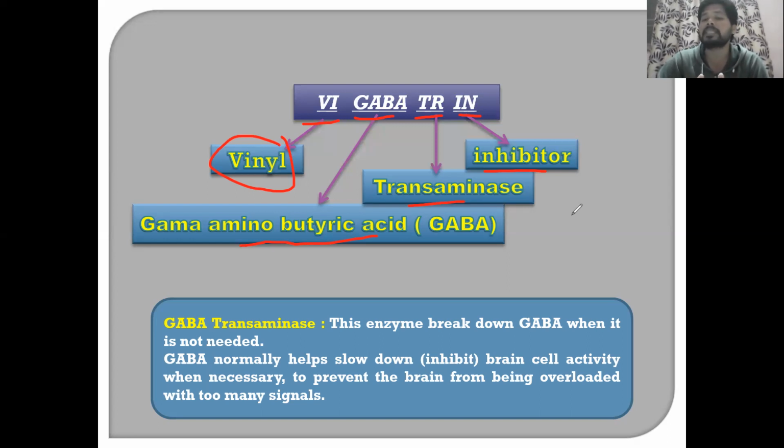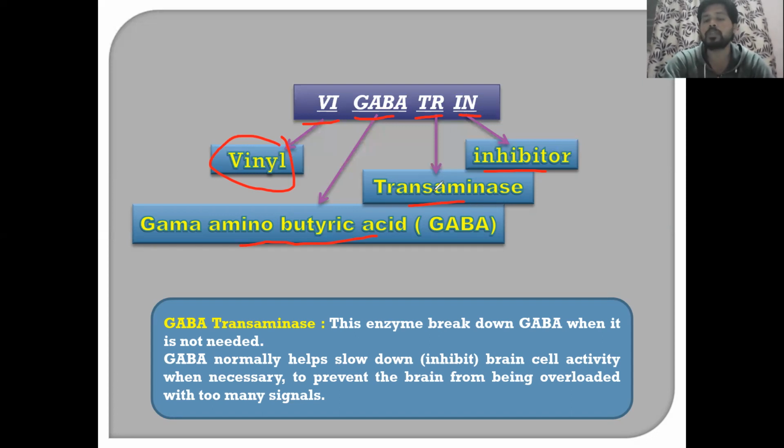If this major excitatory neurotransmitter activity becomes more, it leads to epilepsy, one of the CNS disorders. So to treat epilepsy, we have to reduce the excitatory neurotransmission and increase the inhibitory neurotransmission, like GABA analogs, which show action like GABA or may increase the GABA concentration in the brain cells.